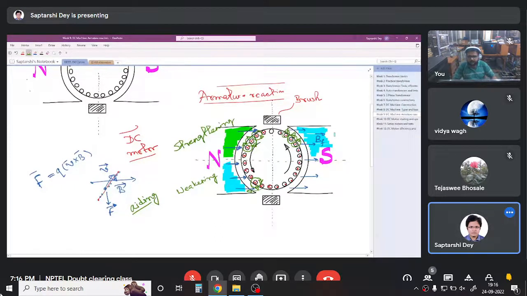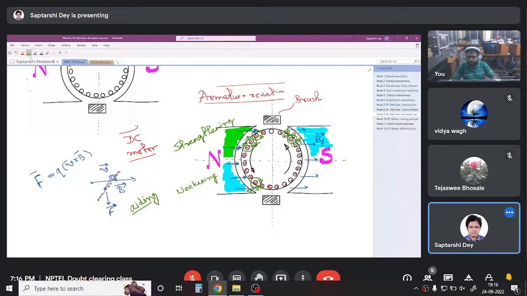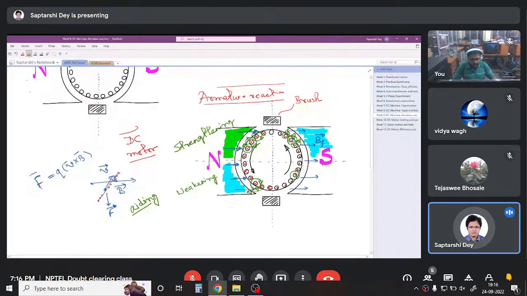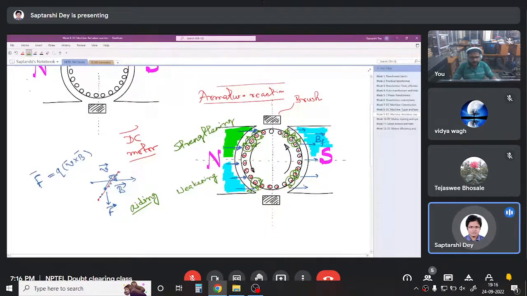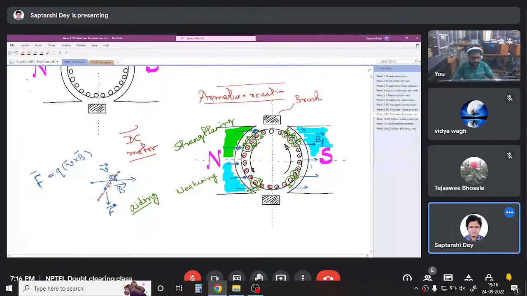Similarly, you can find out that here, in this direction, it is strengthening. Here the armature flux is strengthening the magnetic field. Let me complete the drawing here.